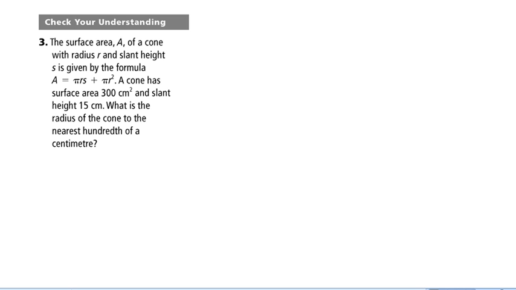Alright, so we got a question about a cone here. The cone has a surface area of 300 centimeters squared and a slant height of 15 centimeters. And they want to know the radius of the base of the cone to the nearest hundredth of a centimeter. And they've given us a formula here, where S is slant height, so it looks like the only thing missing is r, because they've also given us the area.